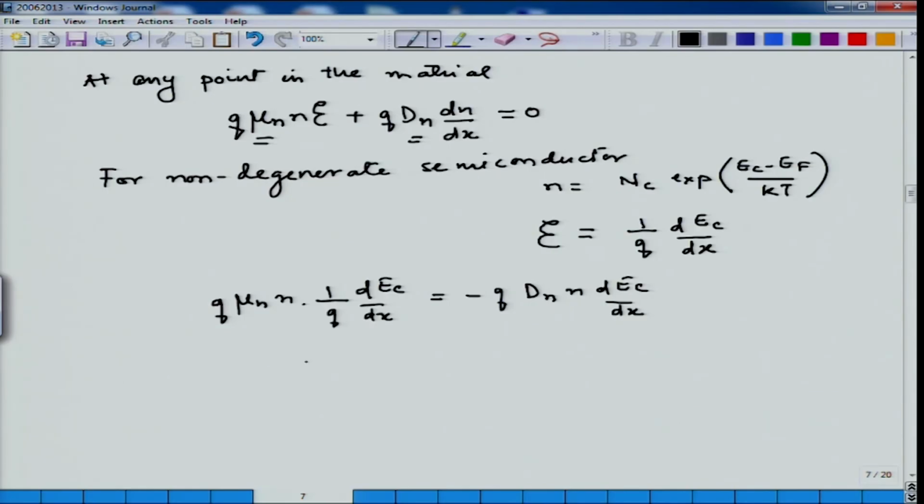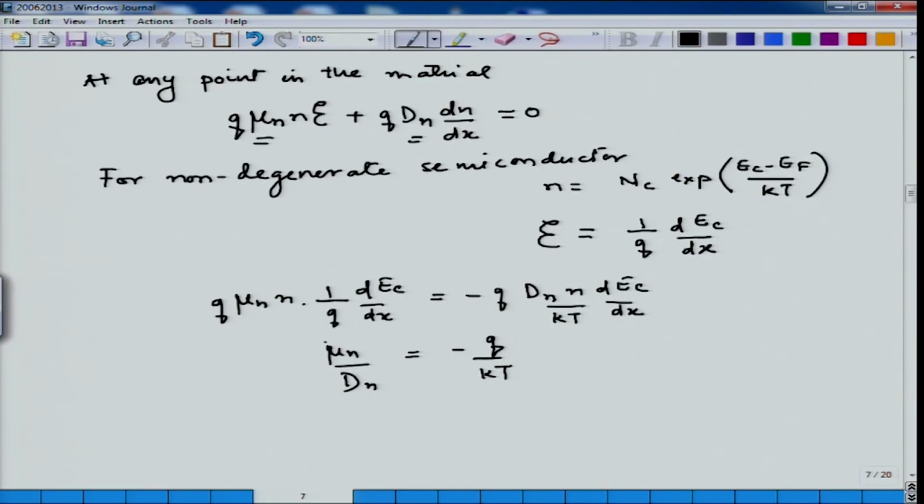If we simplify this expression, the n cancels out, the other factor cancels out, and dEc/dx cancels out. So, mobility divided by the diffusion constant is going to be, sorry, when I differentiate this, I will get an expression of 1 over kT, which is going to be given by q over kT.